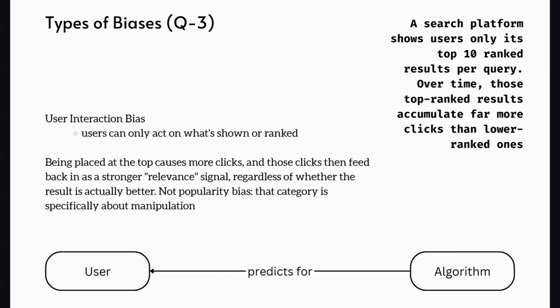An adversary is trying to manipulate this, and the normal user is trying to do something. Adversarial is manipulation as well. So we are not considering manipulation. No, it's over time accumulating far more. No adversary. I understand it's confusing, but it's going to be a 1 mark question. Don't worry, max 2 marks.